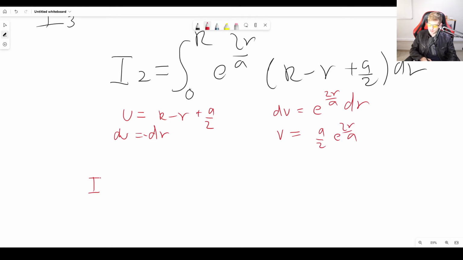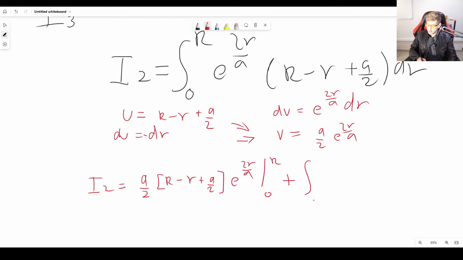So the integral I2 will be now the product of these two. So a over 2 times big R minus small r plus a over 2 e to the 2r over a between 0 and R. And then we get minus the product of these two. Minus minus is a plus. Integral from 0 to R of a over 2 e to the 2r over a dr.